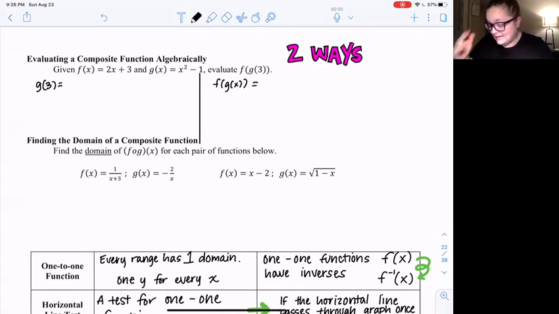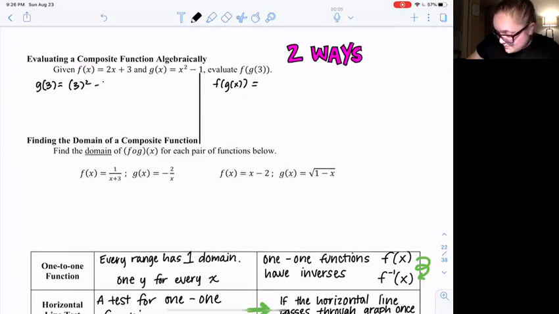Now we're looking at f of x equal to 2x plus 3, g of x equal to x squared minus 1, just like before. And we have to evaluate f of g of 3. We're going to do this, like I said, from the inside out for this first way. So g of 3 is going to be equal to 3 squared minus 1. And so we get g of 3 is equal to 9 minus 1, or 8.